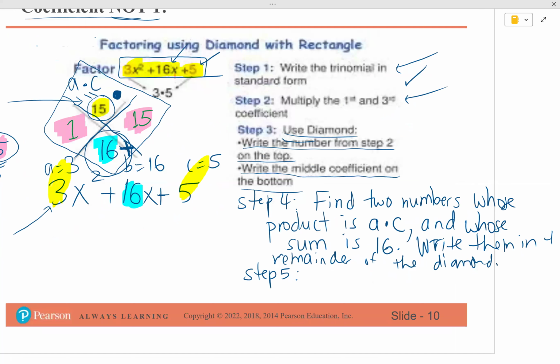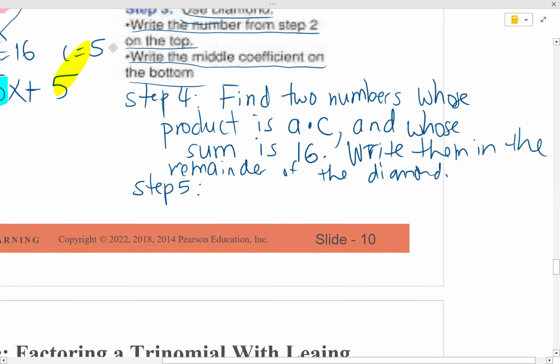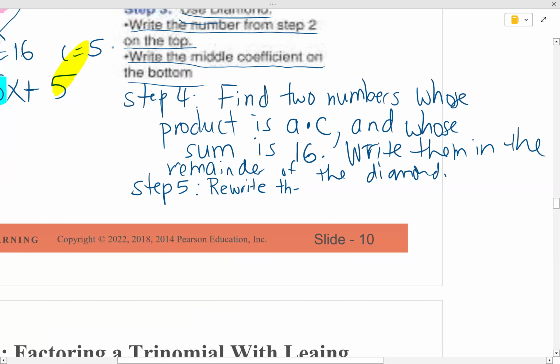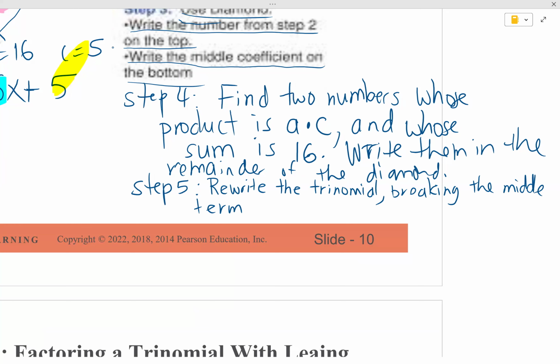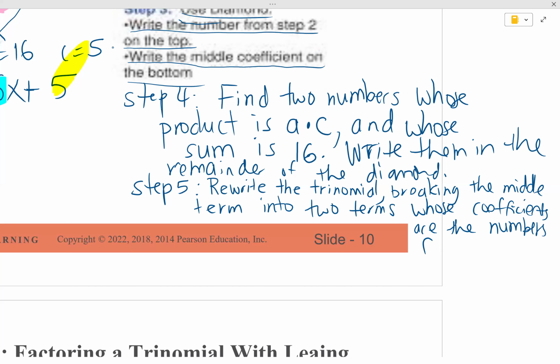I'm going to now rewrite the trinomial, breaking the middle term into two terms whose coefficients are the numbers found in step 4.